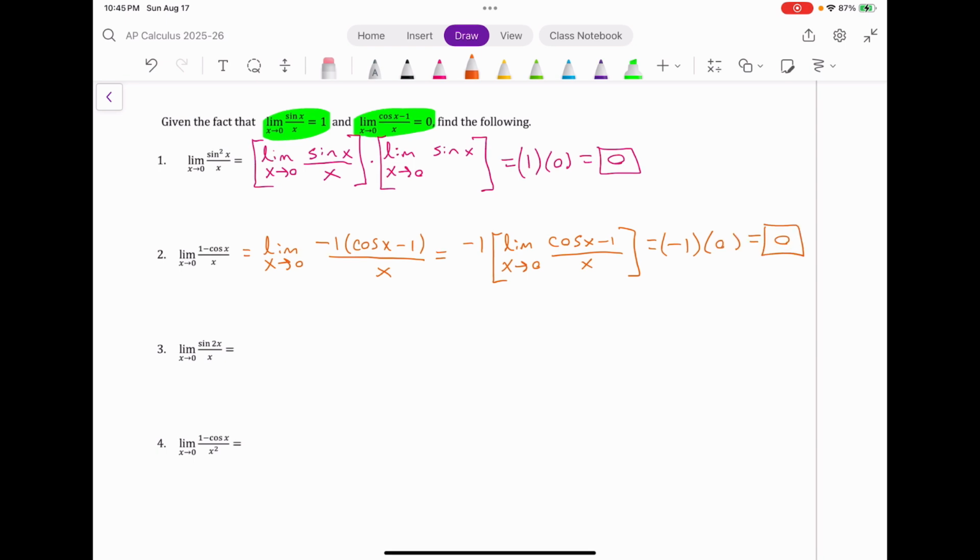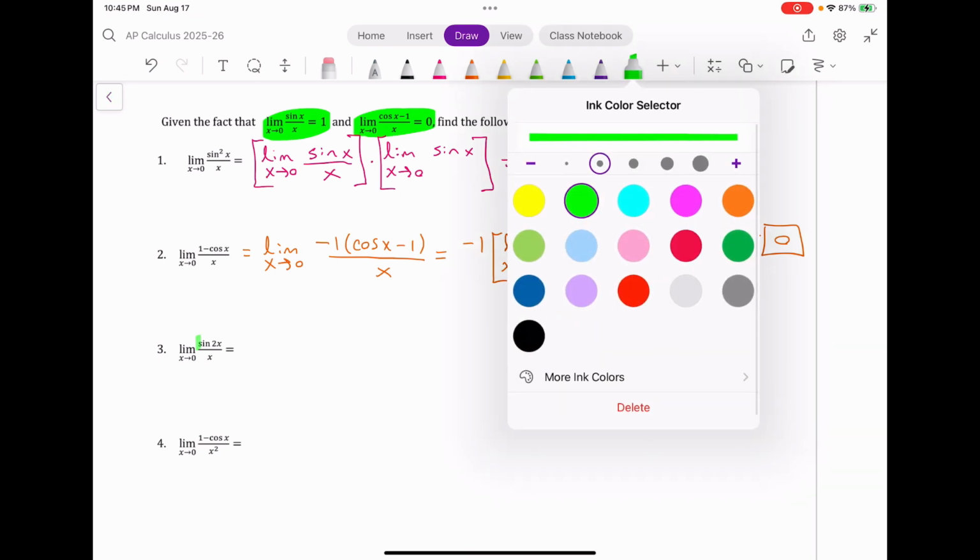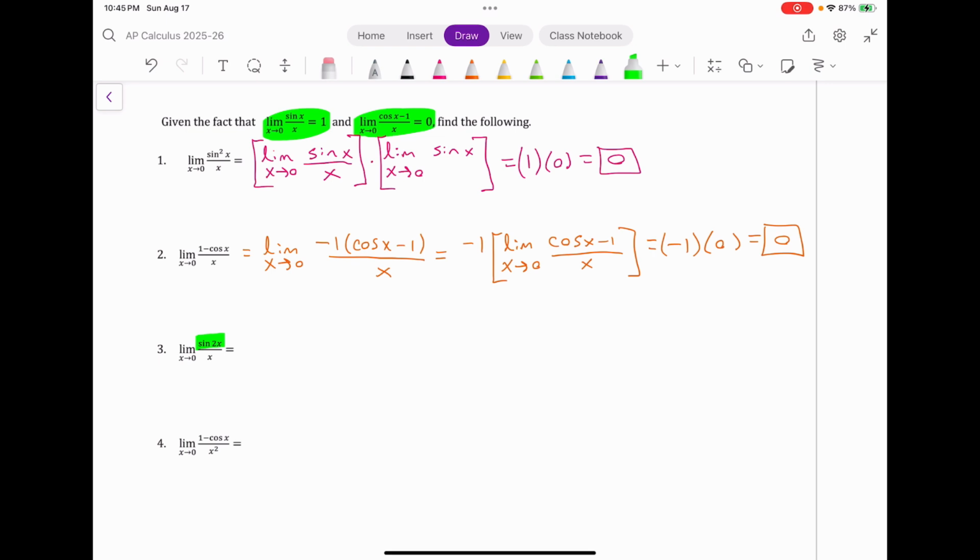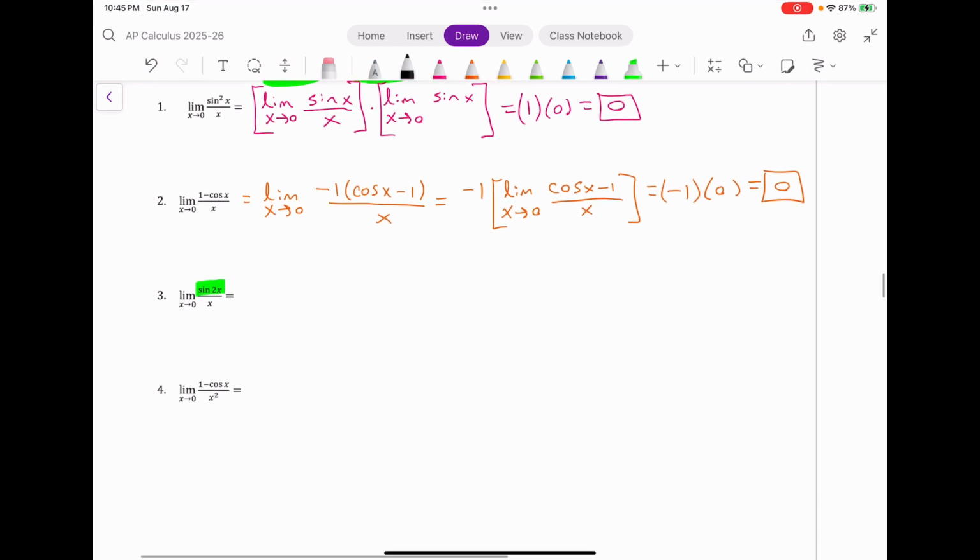All right, moving on. On number 3, what we should recognize is sine of 2x is a double angle identity. So right off the bat, we're gonna change the numerator to be 2 sine x cosine x, based off the double angle identity. And then, once again, we're going to try to use the product limit law.